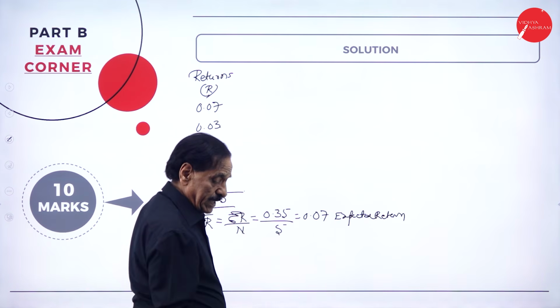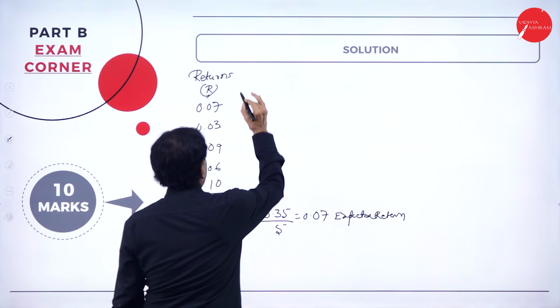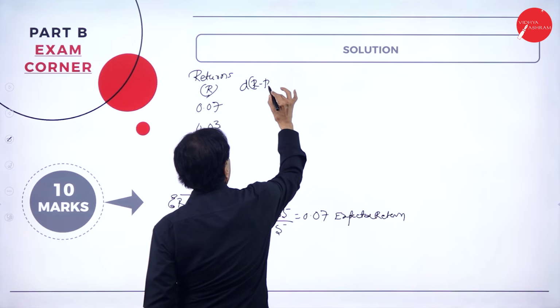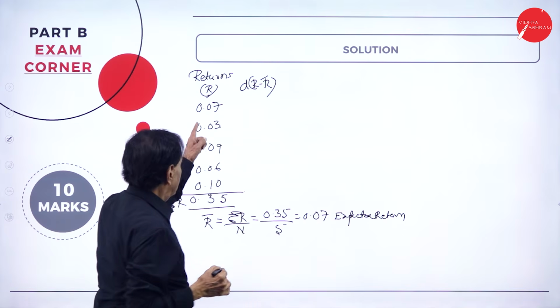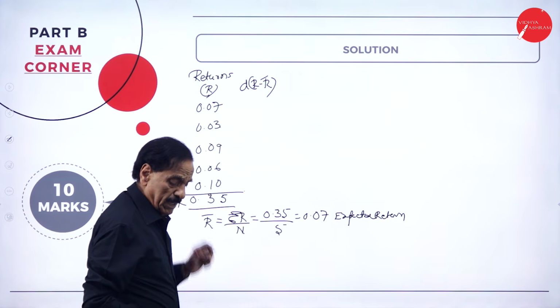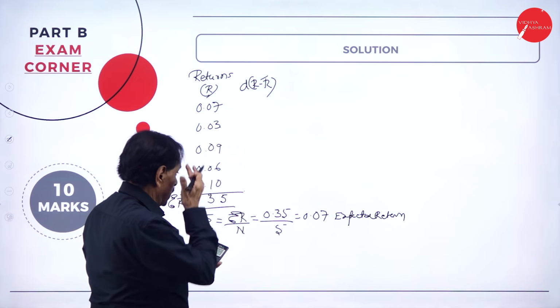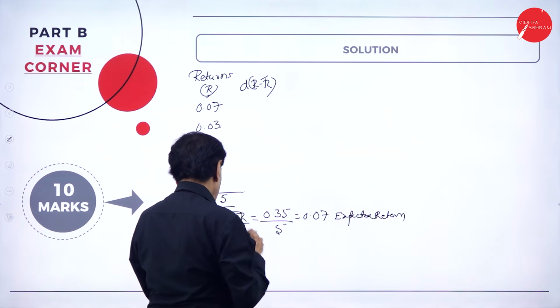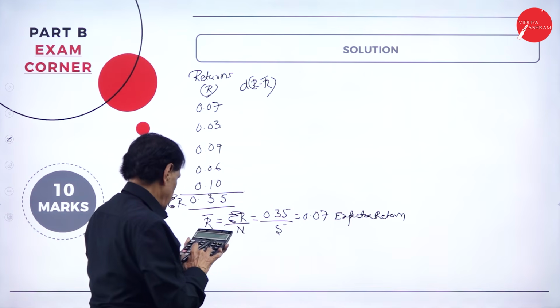Then you have to calculate standard deviation. Next, D is R minus R mean. R mean is 0.07.